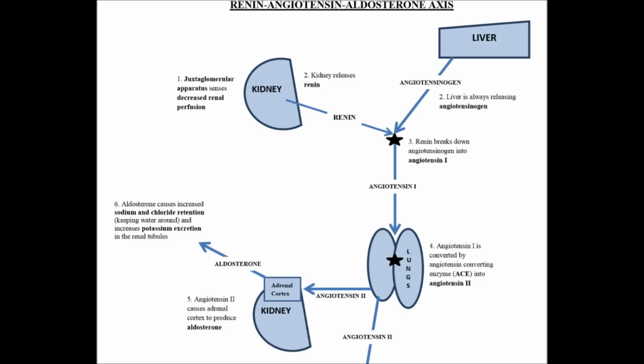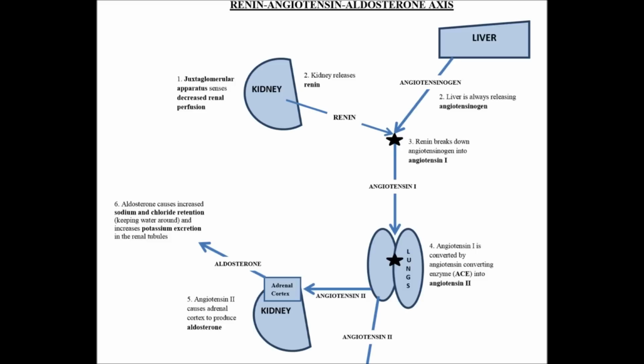That will, of course, then increase fluid volume, increase blood pressure. Also, it can stimulate the sympathetic nervous system, so the fight or flight response. It can cause the kidneys to increase tubular excretion of potassium, so we get rid of more potassium. And there can be some vasoconstriction effects.